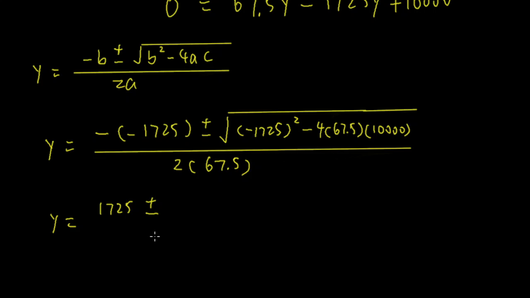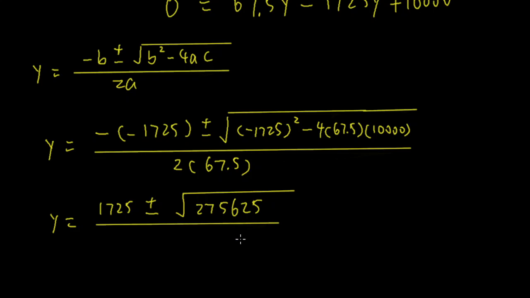So it's basically this number here. Now the square root of that, all divided by, what's 2 times 67.5? 135.